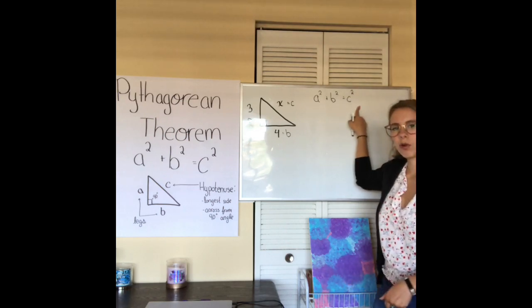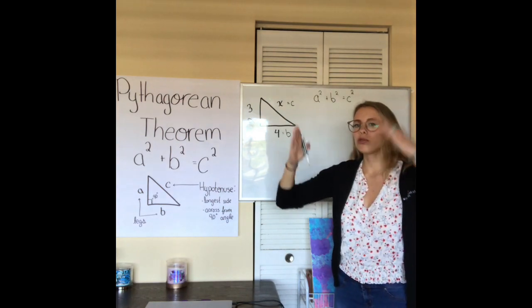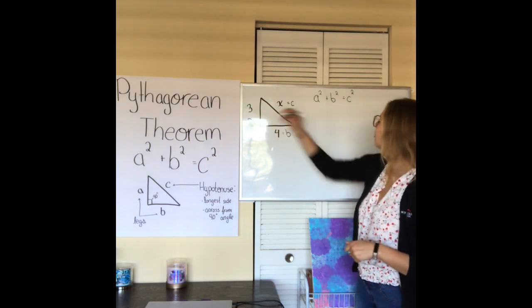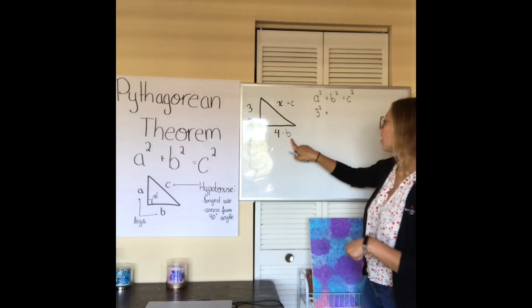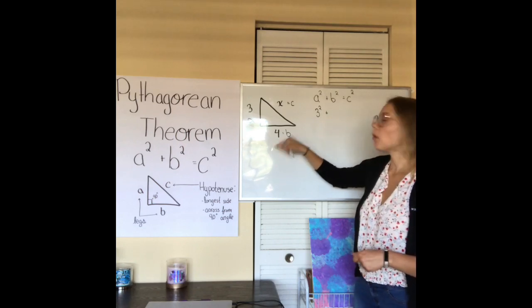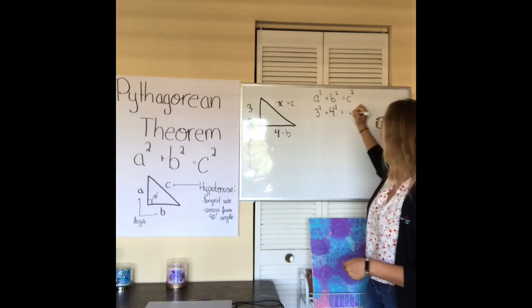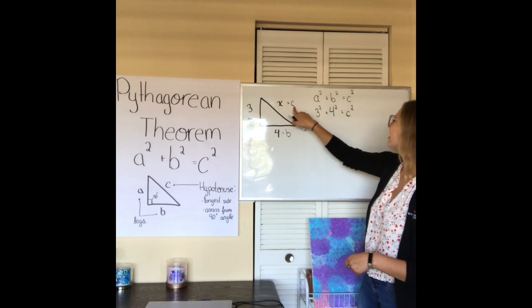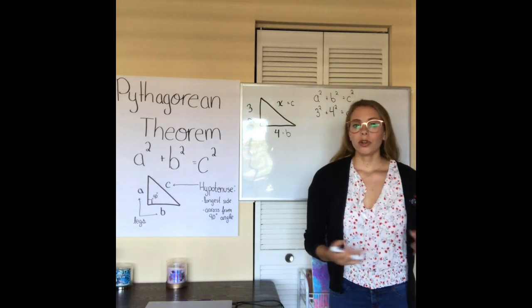And I like to write the formula every single time because the more you do it, the more it gets ingrained in your head. So our A is 3, so 3 squared plus our B is 4, so 4 squared equals C squared, because our X is C. Now, we are going to use our order of operations.